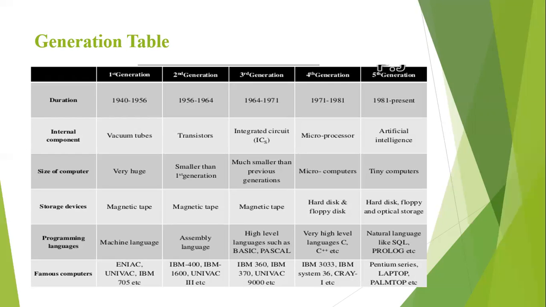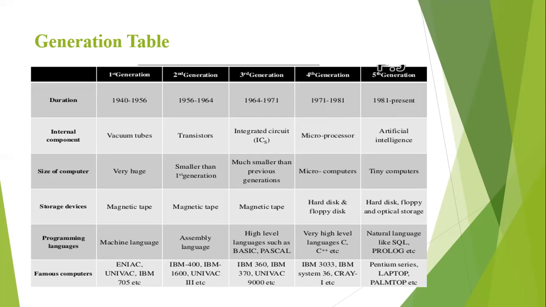It's very, very important. Look at the first generation computers. The era was roughly 1940 to 1956. First generation computers, as I have already discussed, used vacuum tubes. The size of the computers of that generation was very huge. Storage device was magnetic tape.